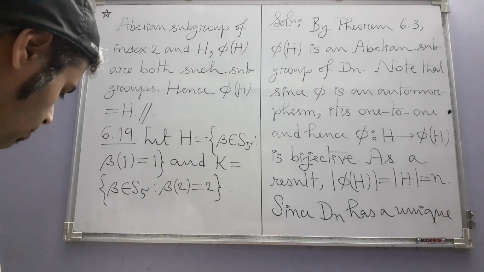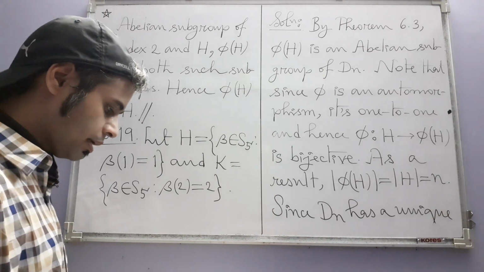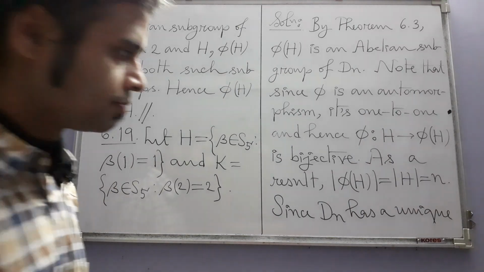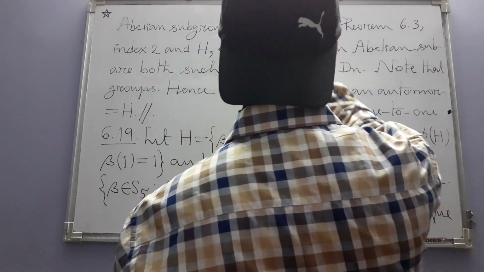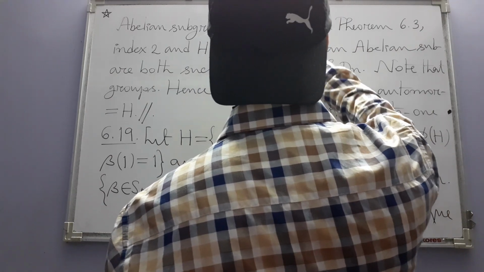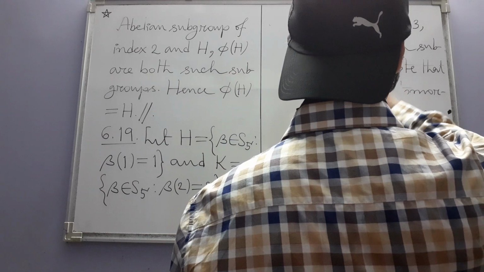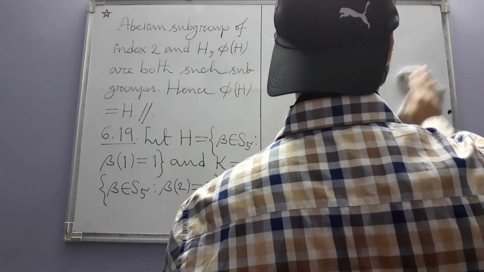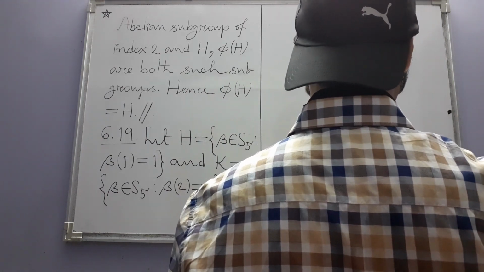We have to prove that H is isomorphic to K. That means these are going to be subgroups of S5, but they are isomorphic to each other. And the same thing is also being asked if S5 is replaced with any Sn, where n is at least 3.